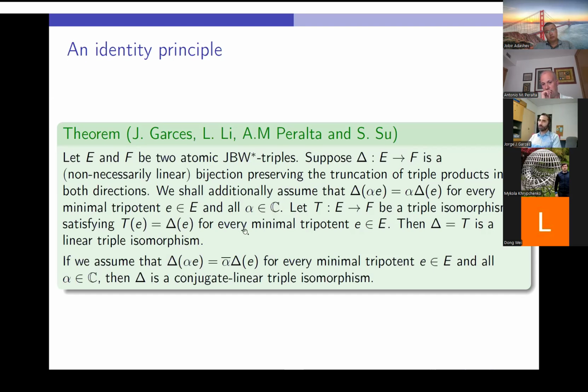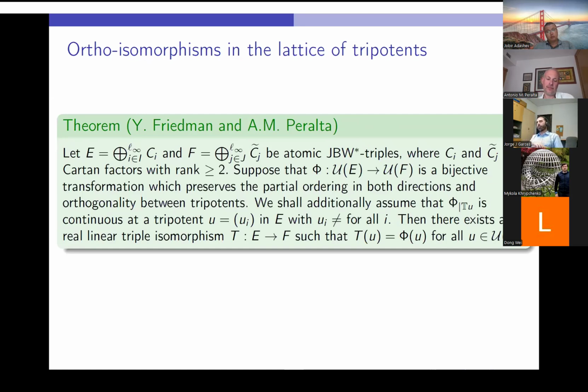It will come from these results by Friedman and Peralta, where they show that if we have what we can call an orthoisomorphism between the lattices of tripotents of two atomic W star triples, so we have a bijective mapping between the sets of tripotents of two atomic W star triples that preserves partial ordering and orthogonality in both directions, then, under some additional hypothesis, you can extend it to a real linear triple isomorphism.